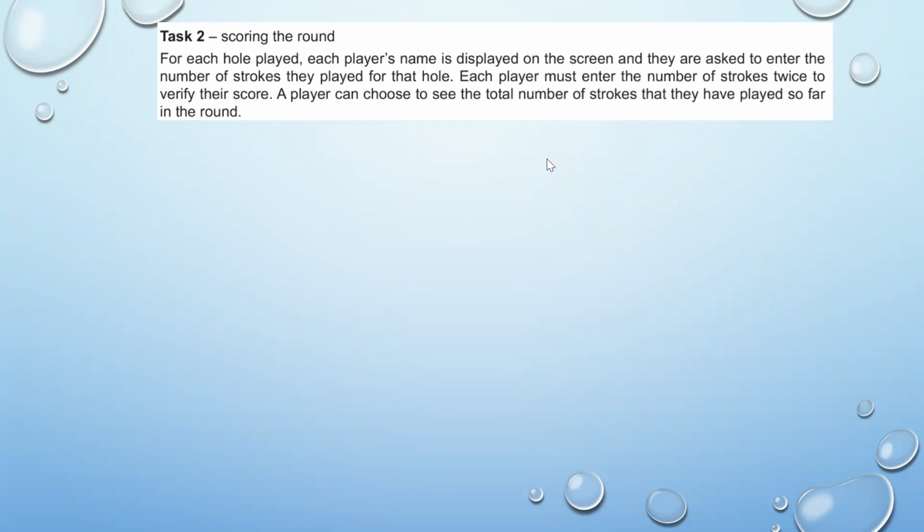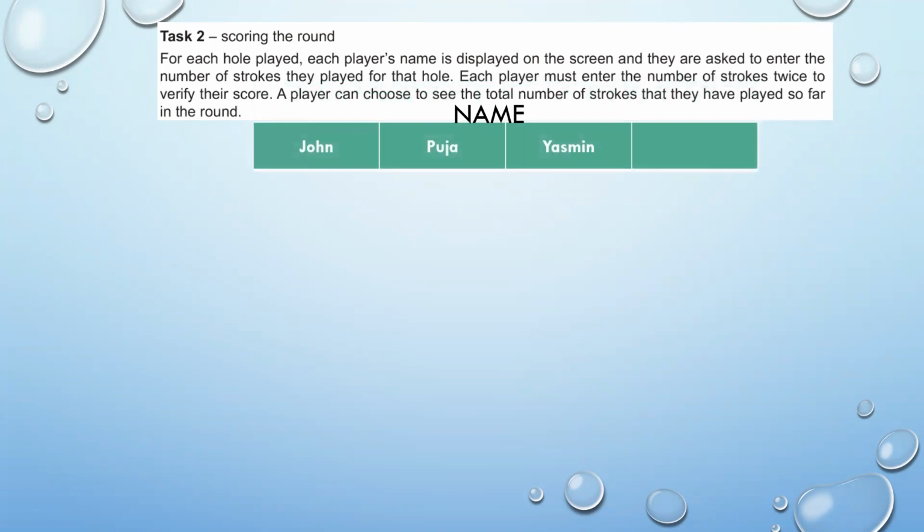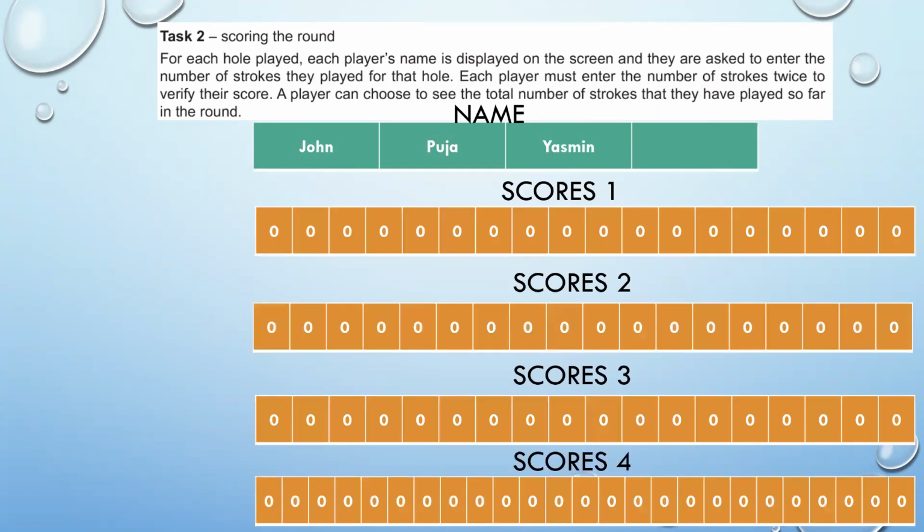Now let's discuss the pseudocode for that. Now, if you remember task 1, I had inputted 3 names, John, Pooja and Yasmin. So there will be 3 players in the game. Obviously, if there are 3 players, each of them would be having different scorecards. So scores 1, we can assume that scorecard is for John, scores 2, scorecard is for Pooja, and scores 3 is for Yasmin.